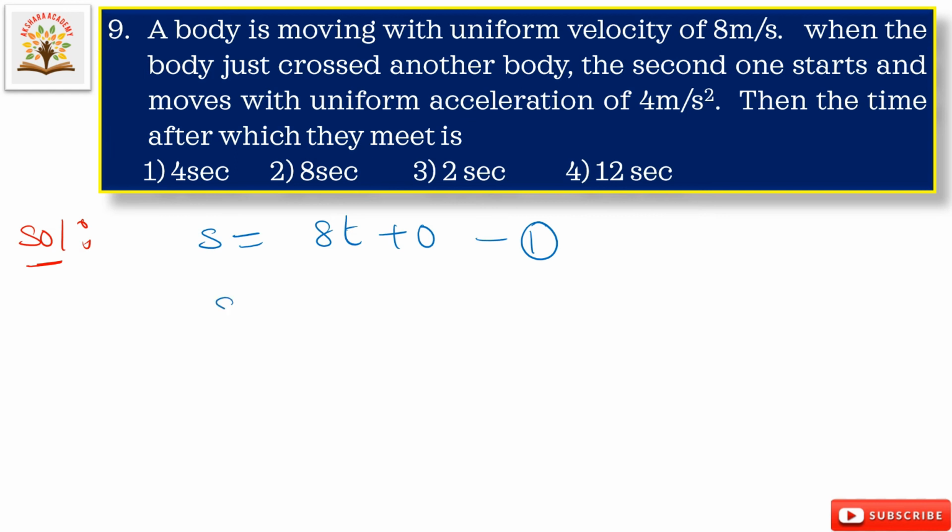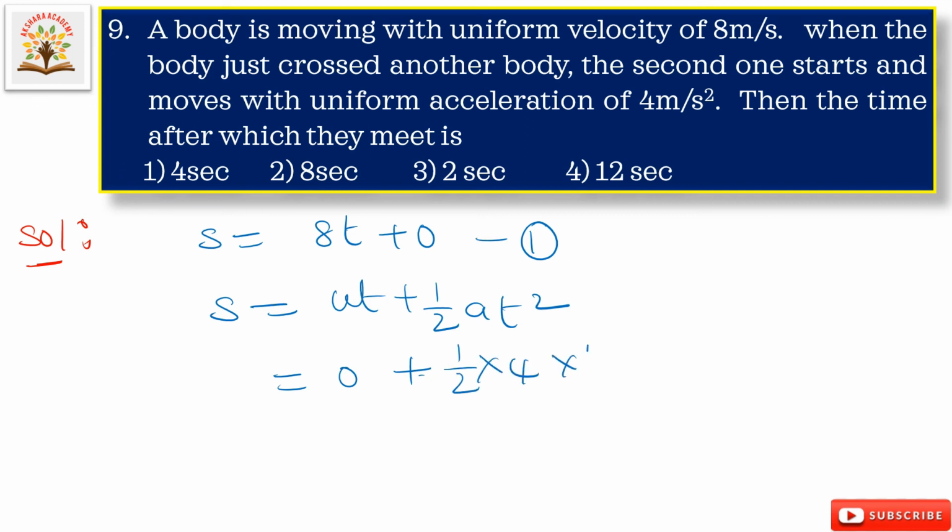So then s is equal to 8t plus 0. Consider this as equation number 1. Next, the second equation of motion, s is equal to ut plus half a t square. Now substituting u as 0, ut is 0 into t, 0, plus half a, given as 4, into t square. Half into 4 is 2, so 2t square.